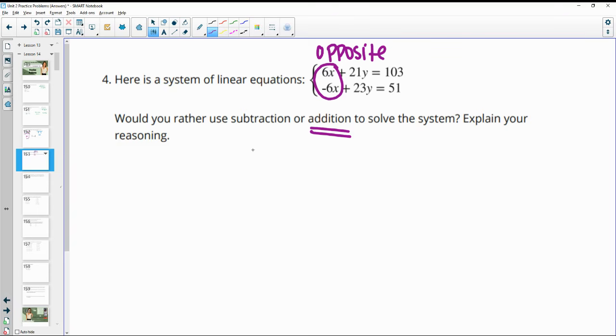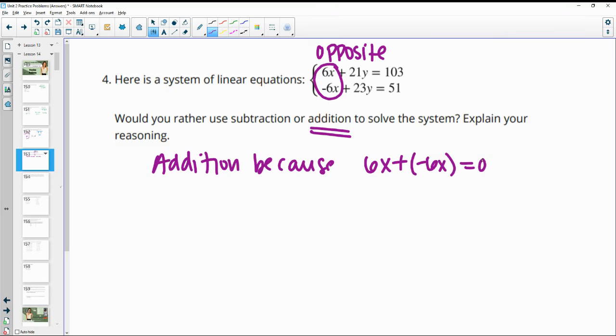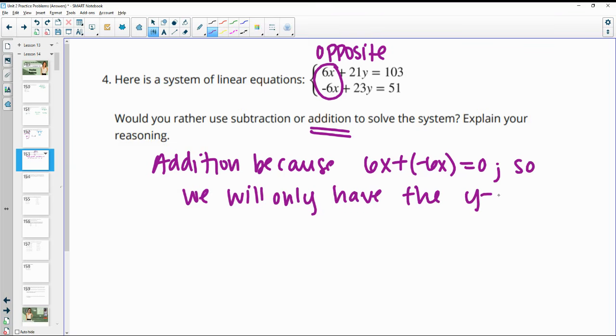So if we add, we end up eliminating the x's. So I would say addition, because 6x plus negative 6x equals 0. So we will only have the y variable left.